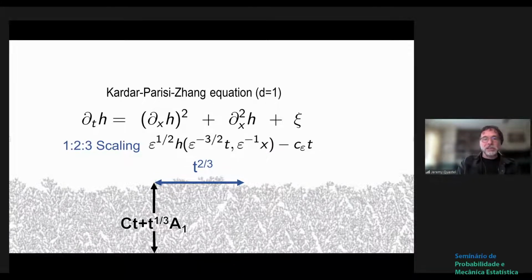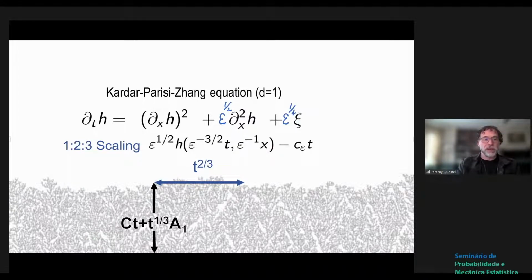Okay. Now, as you do that, the KPZ equation itself gets rescaled. You can just think, how did the H get rescaled under this rescaling? What happens is that the nonlinear part just rescales perfectly, and you end up with an epsilon in front of the diffusivity and in front of the noise. And so they appear to be just going away.